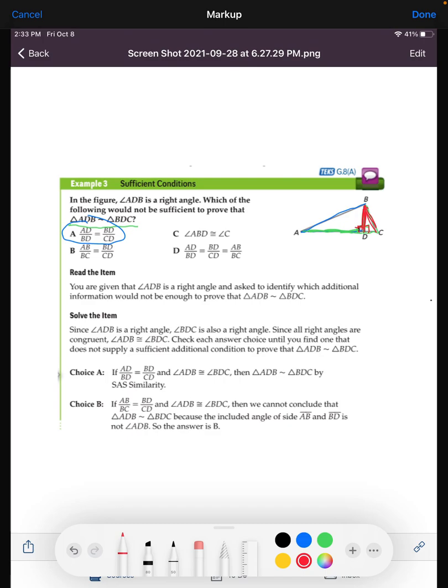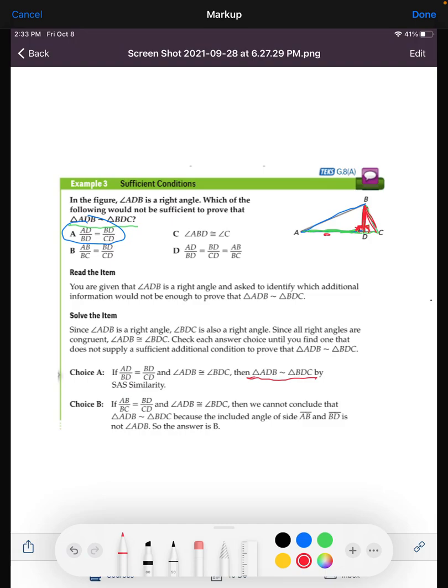So if AD over BD equals BD over CD, and this angle here equals this angle here, then we have a side, an angle, a side that are equal to each other. So by side, angle, side similarity, we can say that triangle ADB is similar to triangle BDC.